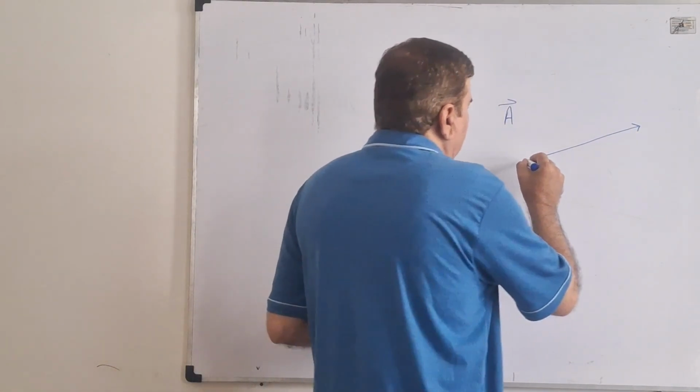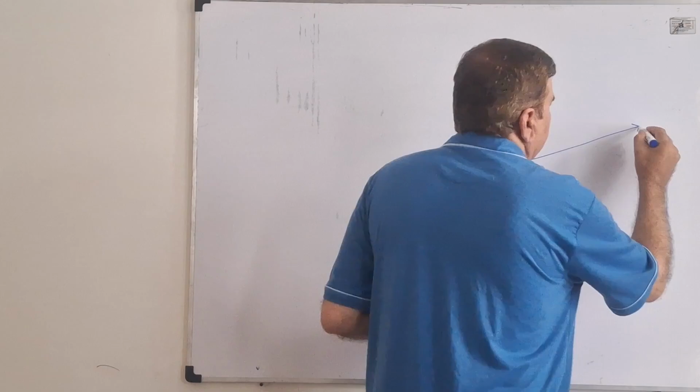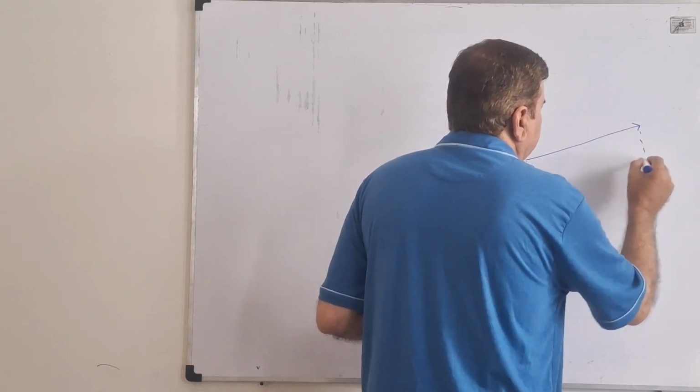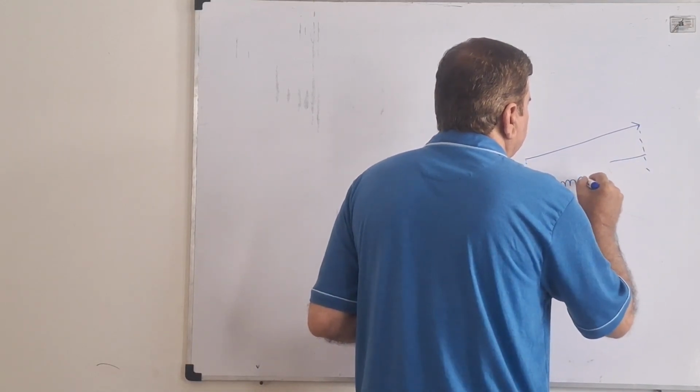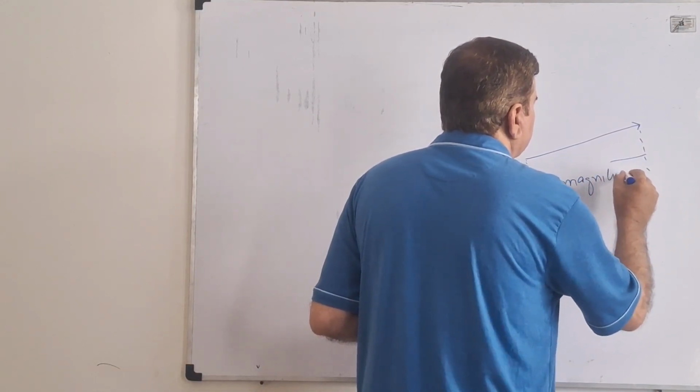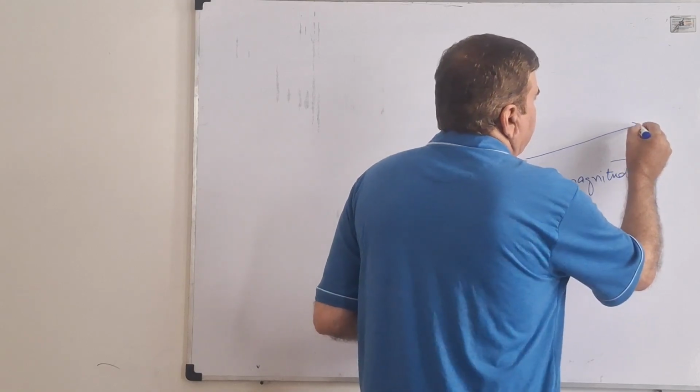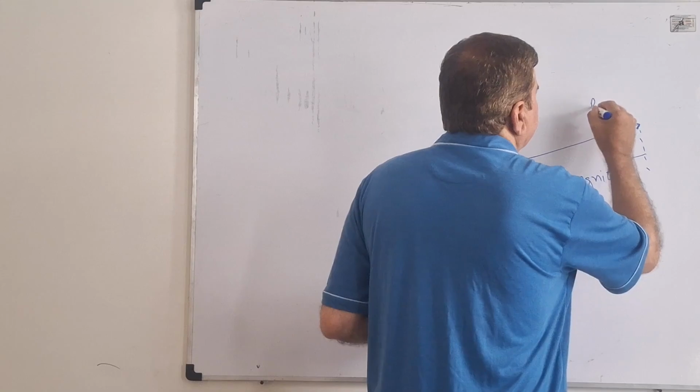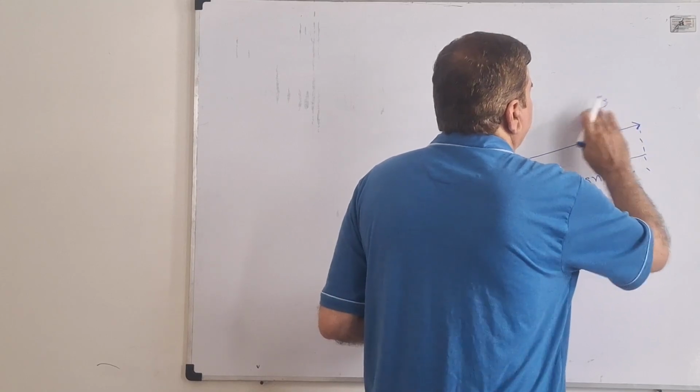Then the length of the line represents magnitude, and the arrowhead represents direction.